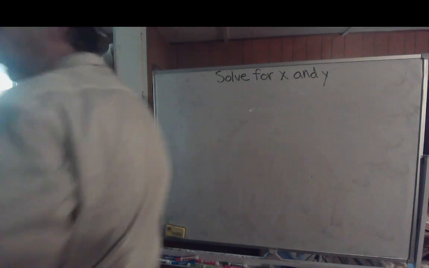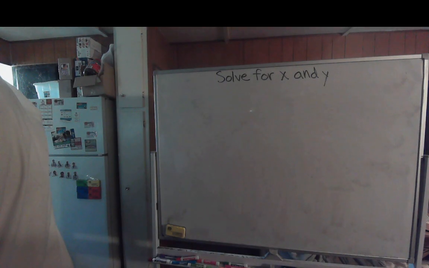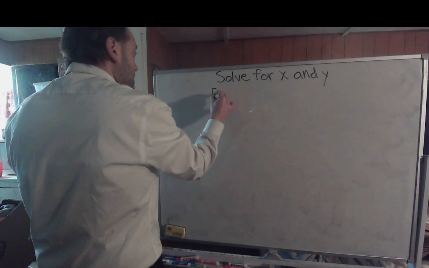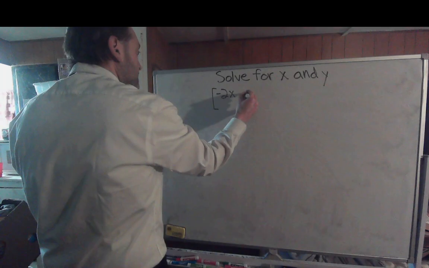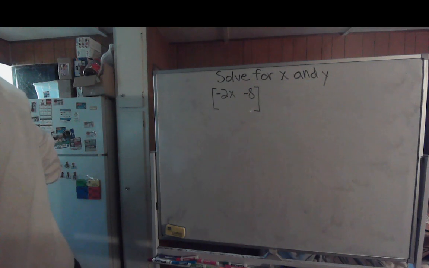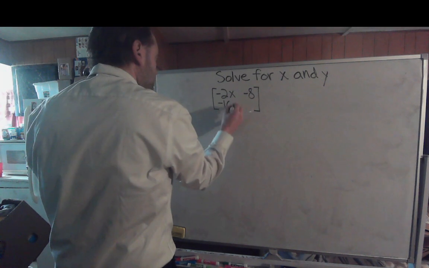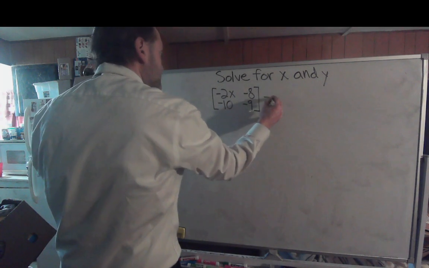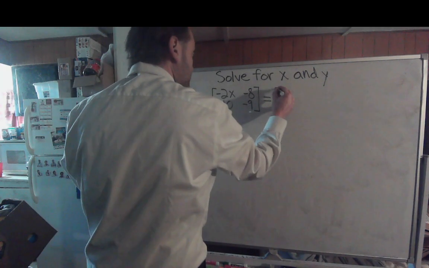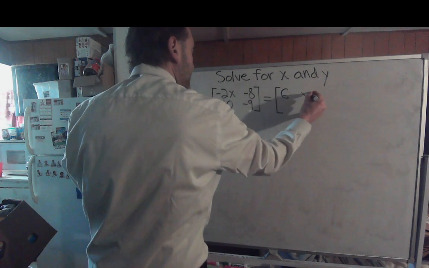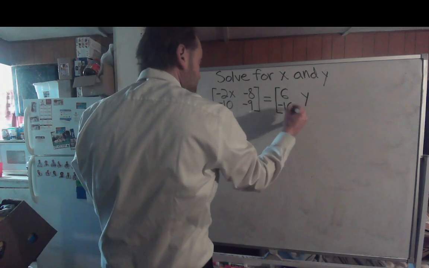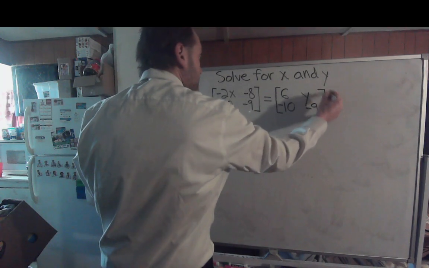Okay, so let's say you have the matrix negative 2x, negative 8, negative 10, negative 9 is equal to the matrix 6, y, negative 10, and negative 9.